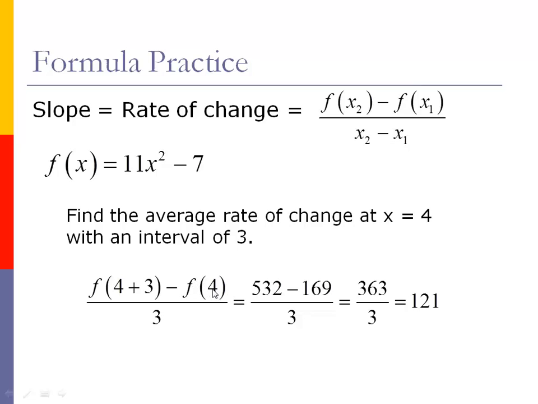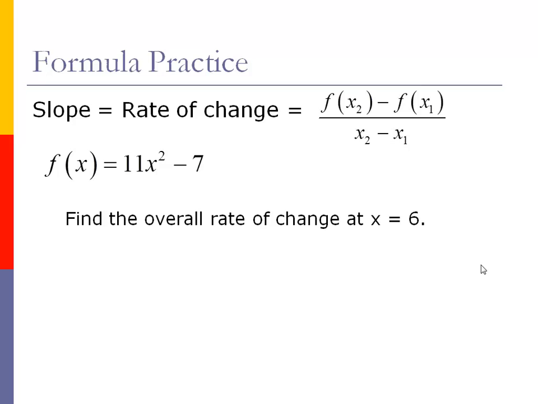The function notation says take the 4, plug it into that formula, and then you write down your results. I do not write the f parentheses anymore because that's my value. 169 is my value for doing that. And then we just do that subtraction at the top, and then you do your division, and I'm getting a rate of change of 121. So that's an average rate of change starting at x, with an interval of 3. If I were to look at the graph, this would be basically a slope of 121 at x equals 4.